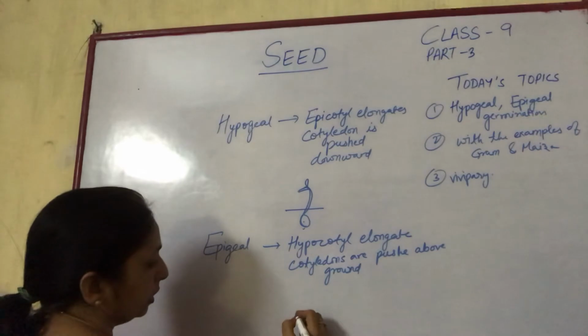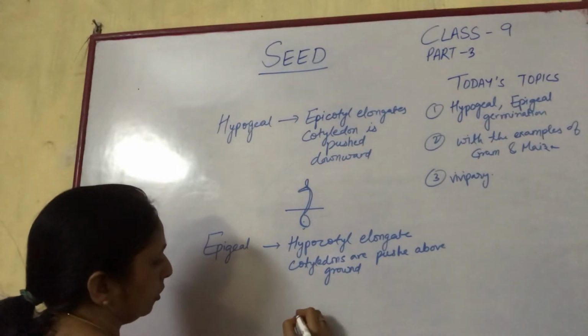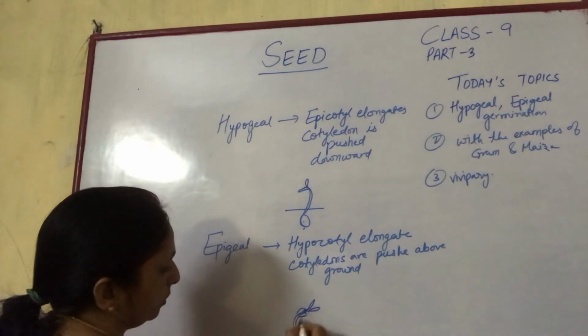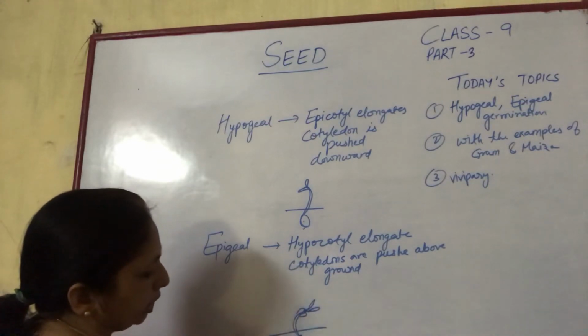Here you can see that this type of germination takes place. The cotyledons you can see like this one, and from here you get the shoot.